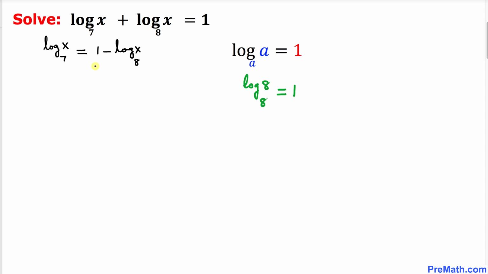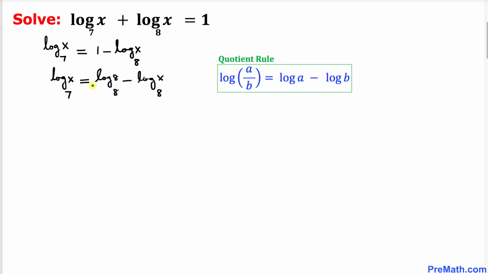So on the right hand side, I can replace this 1 by log of 8 with the base 8, minus log of x with the base 8. Now we can see that on the right hand side all these logs have the same base, which is 8.